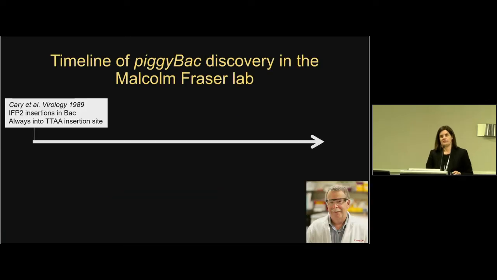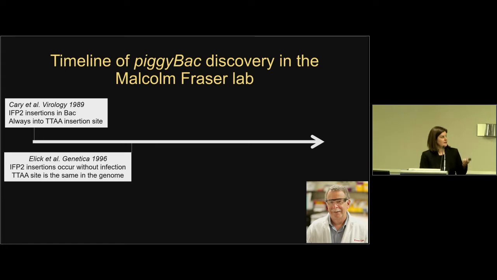This was really spearheaded by the Malcolm Fraser lab at Notre Dame. They published in the 80s that there were these insertions into the baculovirus, and they called it IFP2. They found it was always going to a TTAA tetranucleotide sequence. Then in 1996, they published that those insertions also could occur within the genome without the baculovirus infection.